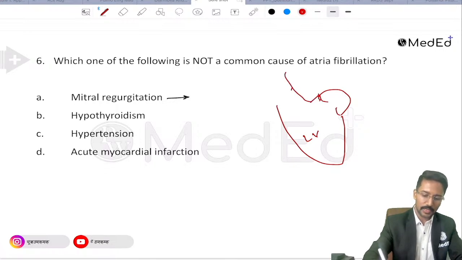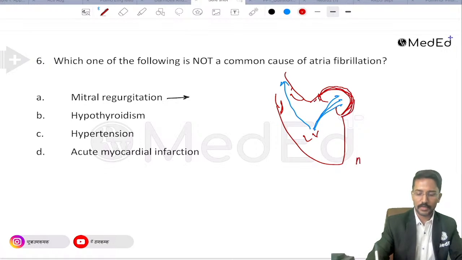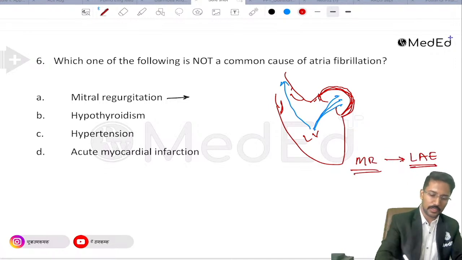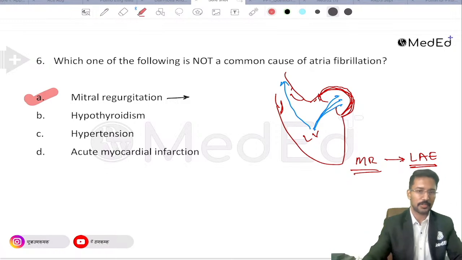Our expectation is that during left ventricular systole, the aortic valve will open and the blood will move from LV to aorta. But because the mitral valve failed to close, blood will now also go into the left atrium. So that increases the left atrial burden and the left atrium becomes enlarged. So in mitral regurgitation also you will see left atrial enlargement. Once the left atrium is enlarged, there is risk for atrial fibrillation. So mitral regurgitation can cause atrial fibrillation.